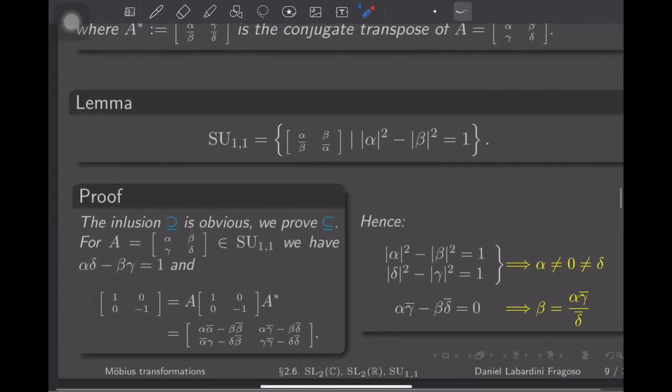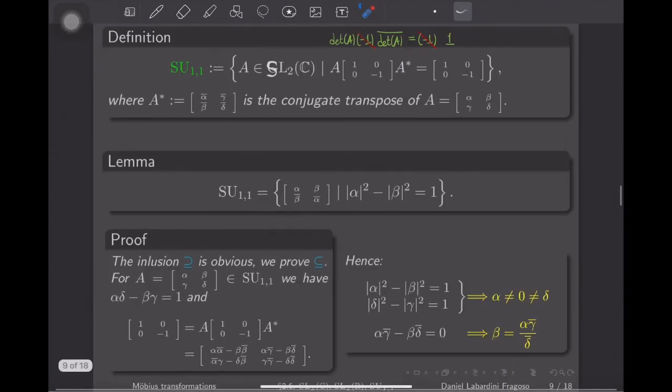Okay, and then the equality defining the group here, right? Just written the other way around. Okay, and then I perform this computation explicitly, and what I obtain is this.